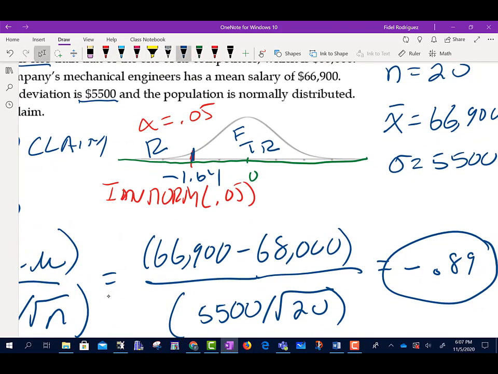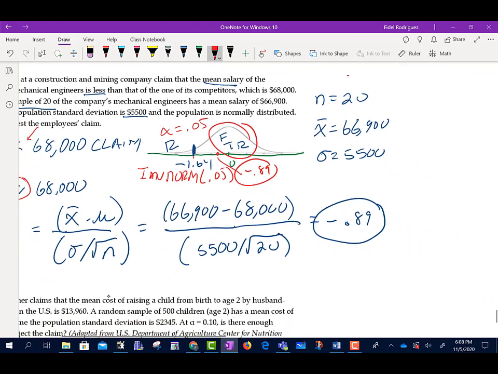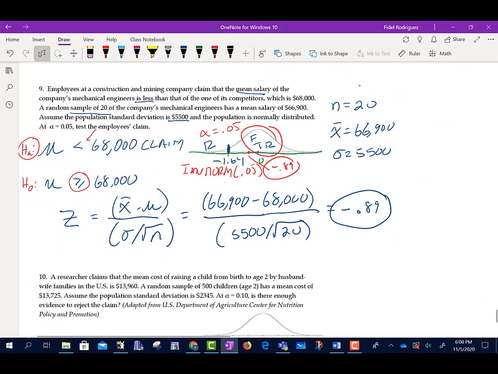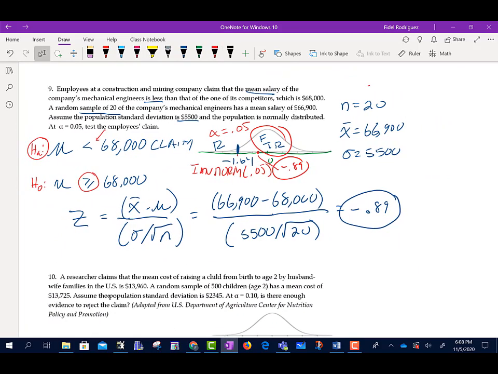And if here is my negative 1.64, wouldn't the negative 0.89, oops, it looks so messy, let's fix that up. Negative 0.89, wouldn't that fall right about there? And that falls into which region? My fail to reject region, right? Okay, so we are failing to reject, right? We're failing to reject. So now, what does that mean? I don't know. Let me go back and look at my cheat sheet.